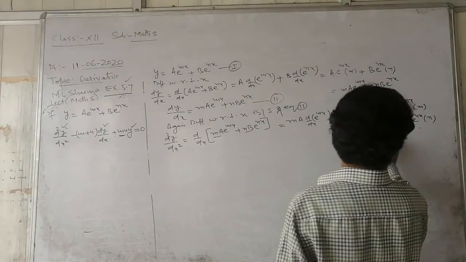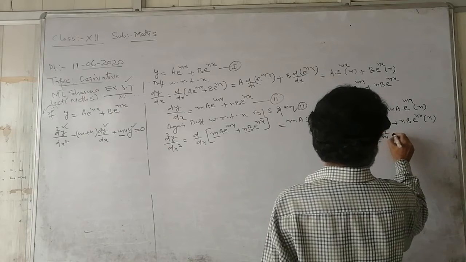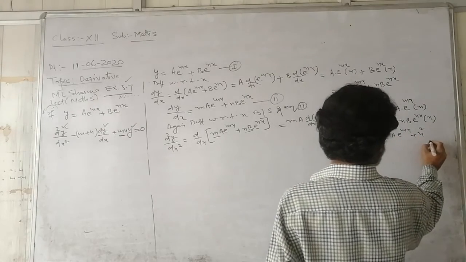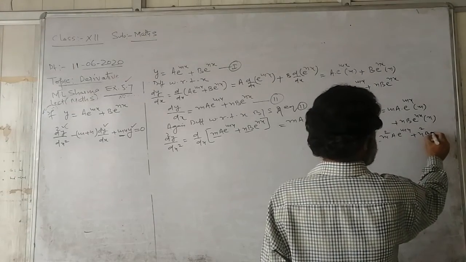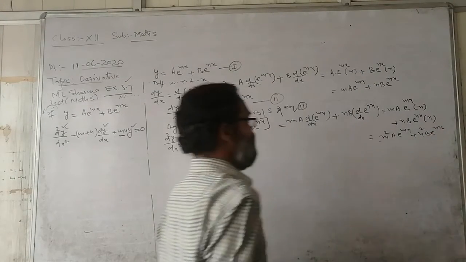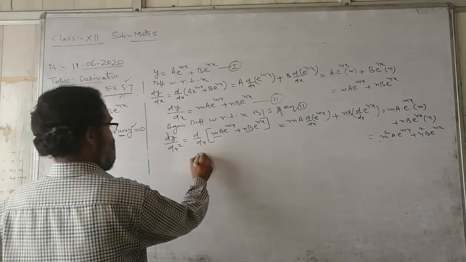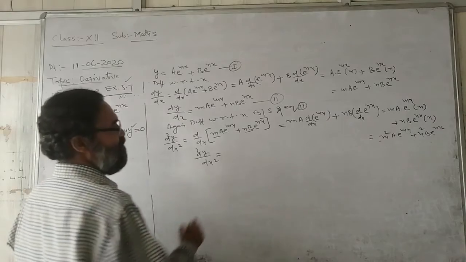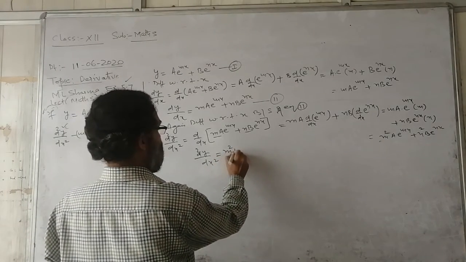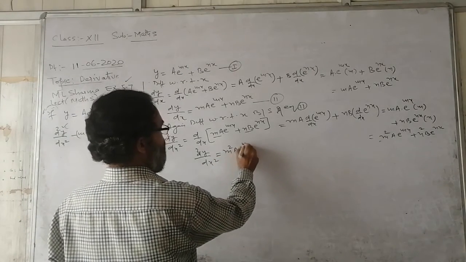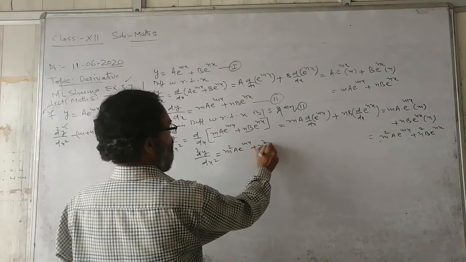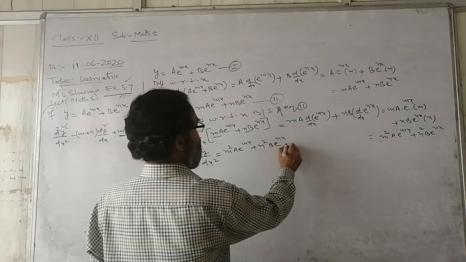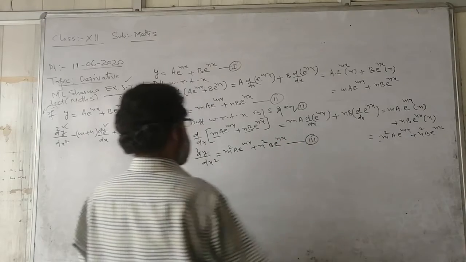So this will finally equal m square a e^(mx) plus n square b e^(nx). This is the value of d²y/dx², and that is equation third.